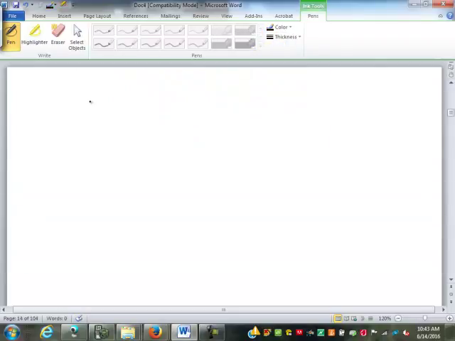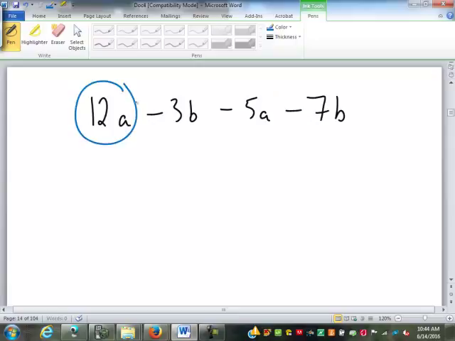So let's look at something like this. Yes, those negatives are coming back to haunt us already. So I've got 12a and a minus 5a. Now I can look at this in two different ways.